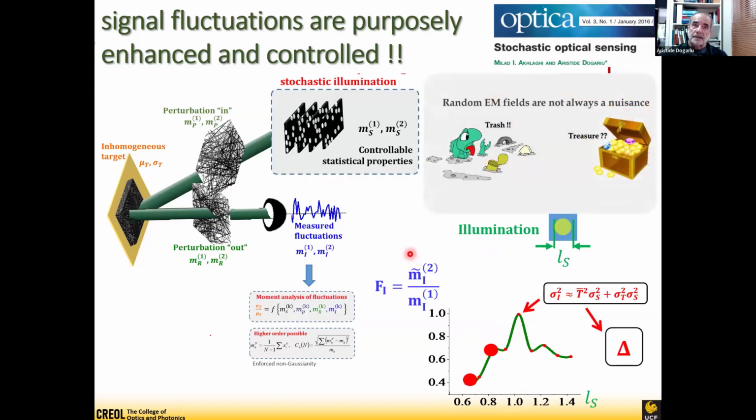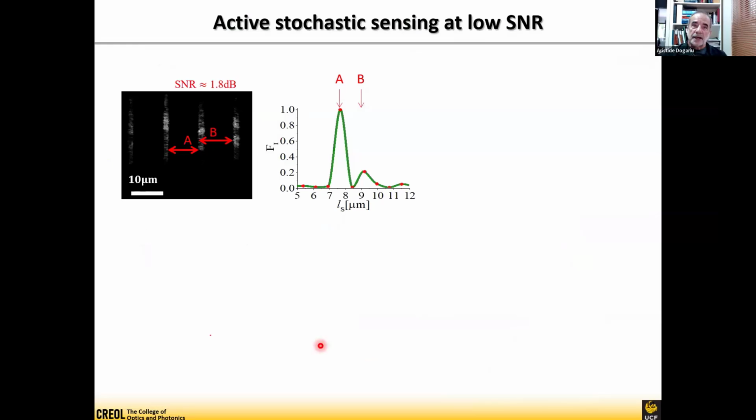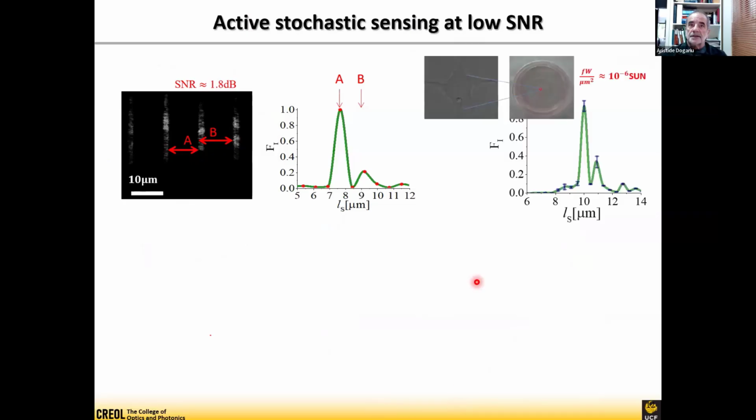So this is, in my mind, a clear example that one's trash is somebody else's treasure. Random fields are not necessarily a nuisance. They can be used for a good purpose. I'll give you a few practical examples of this type of measurement. This is a scale measurement, a linear measurement done with an extremely low signal-to-noise ratio. This is the scattering correlation length in a cell culture that is exposed to an extremely low level of light.